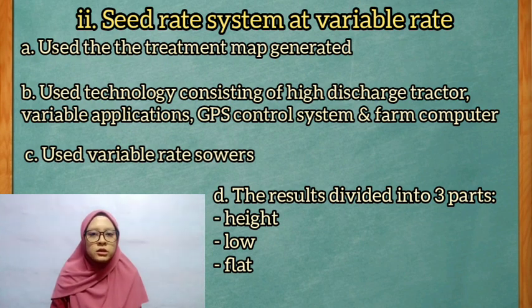The seed sowing treatment map produced is used by a variable rate sower mounted on a high refill tractor to sow seed in the field according to the rate specified in the treatment map. The resulting treatment map is divided into three categories, namely high, low, and flat. Sowing seed at this variable rate will ensure more even growth of paddy trees throughout the paddy field.